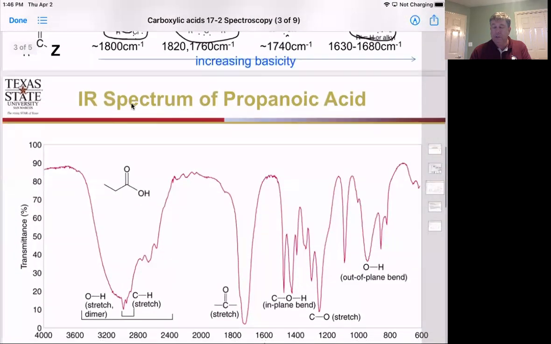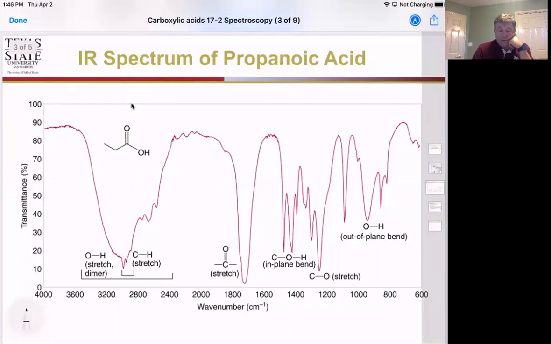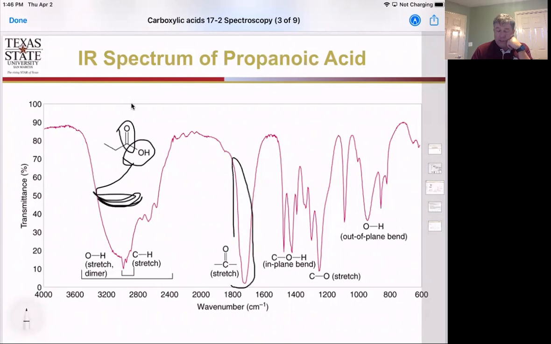Okay, so what would a spectrum of that look like? If we look at just the spectrum of propionic acid, the first thing we see is this big broad OH peak in this range right here, followed by the carbonyl peak, which is right here. Notice this is a carboxylic acid, so it's centered right at the 1740 peak. Then we also have some in and out of plane stretches over here, but the 2 primary peaks are the big OH peak here and this carbonyl peak here.